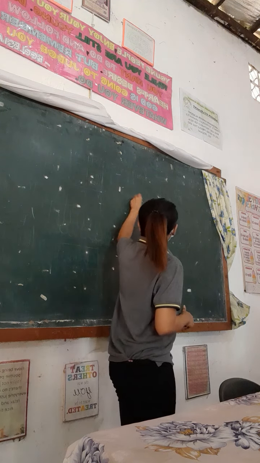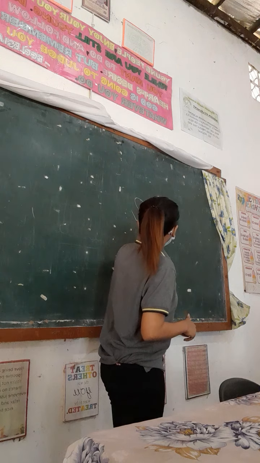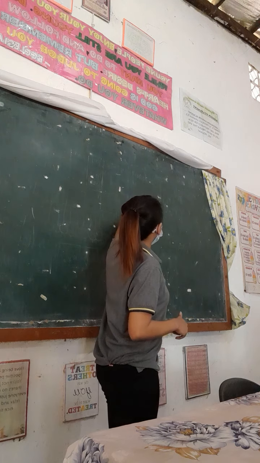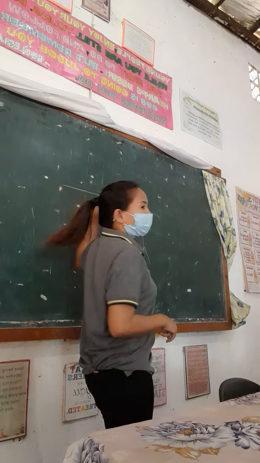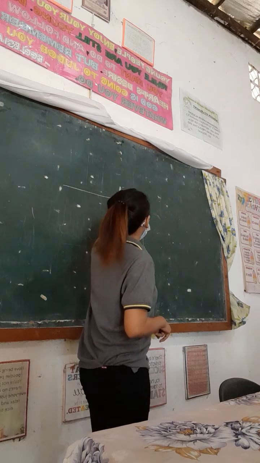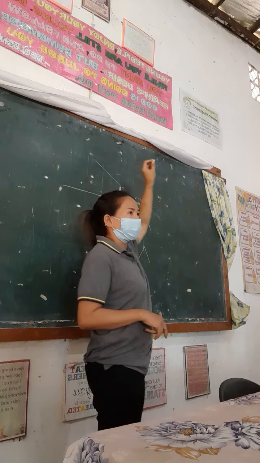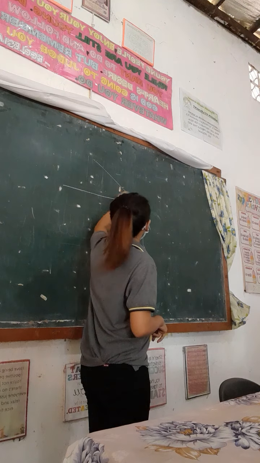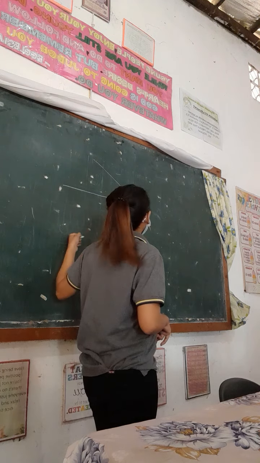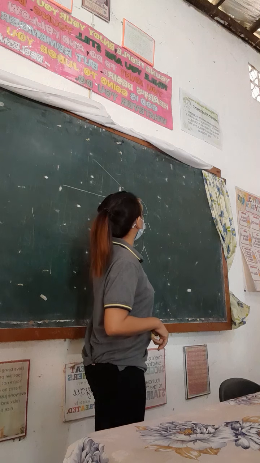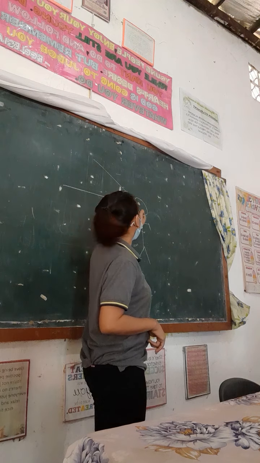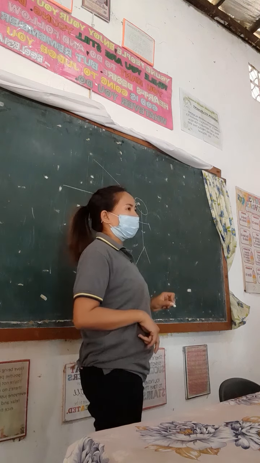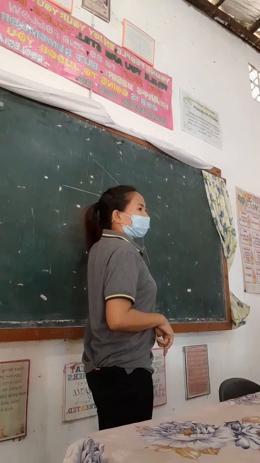Now say for example, this is you. This is your line of sight. The angle of elevation is from here above. This is your angle of elevation. Now the angle of depression is the angle that it makes from the line of sight down. This is the angle of depression.